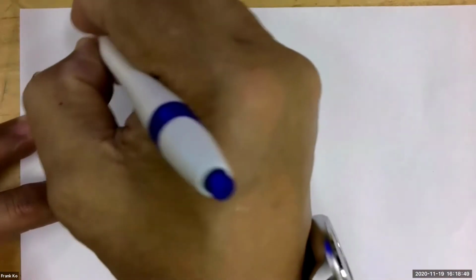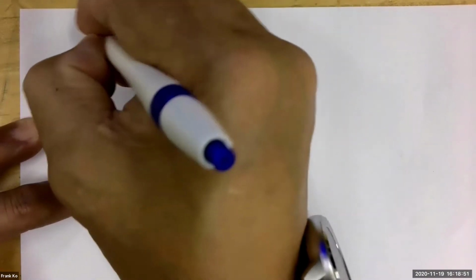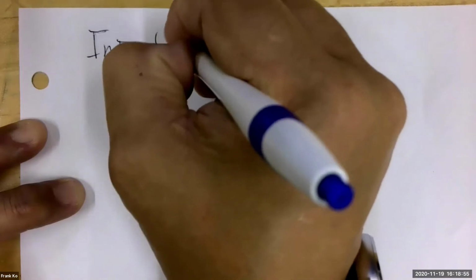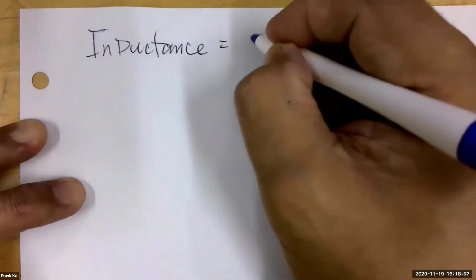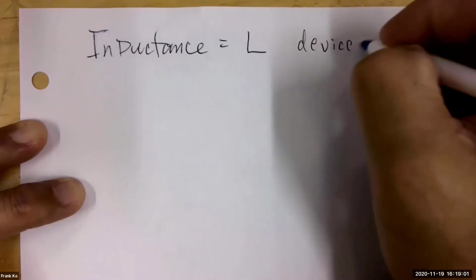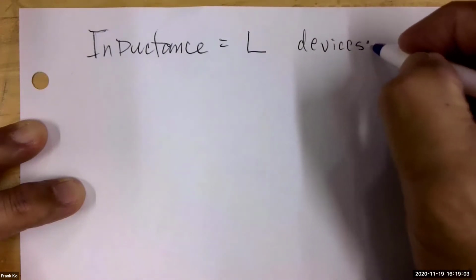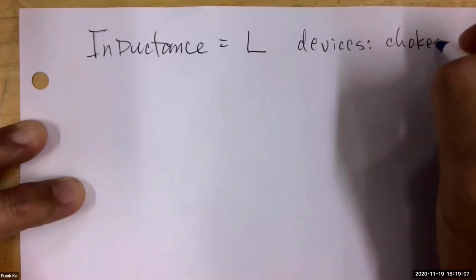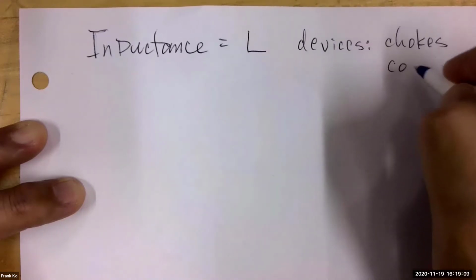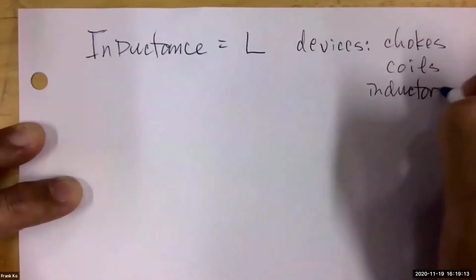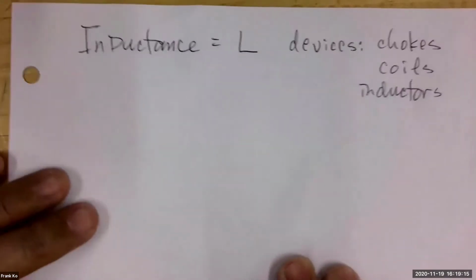And we talked about this before. Inductance, the symbol is L. The devices are known as chokes, coils, also known as inductors. Those are the names that are given to the devices.